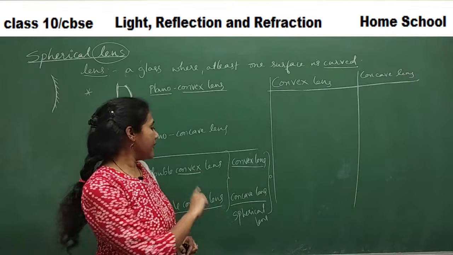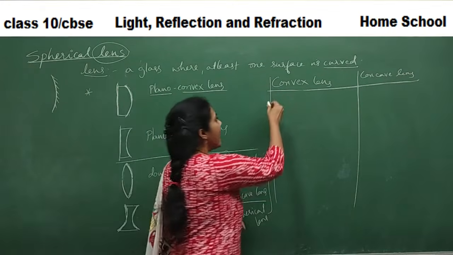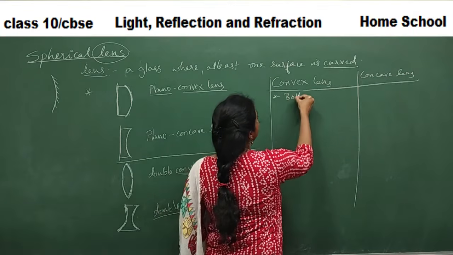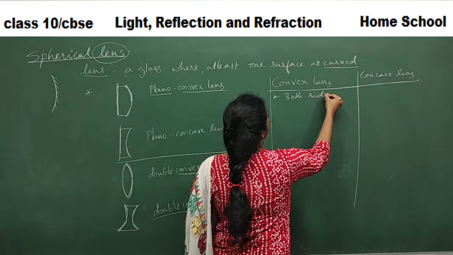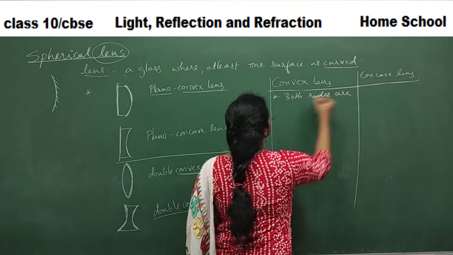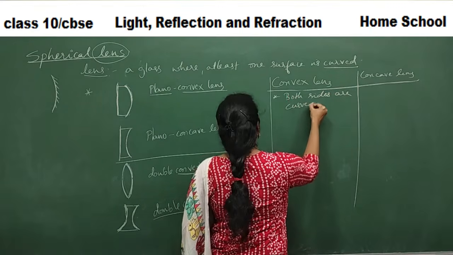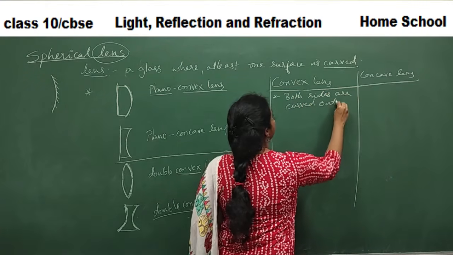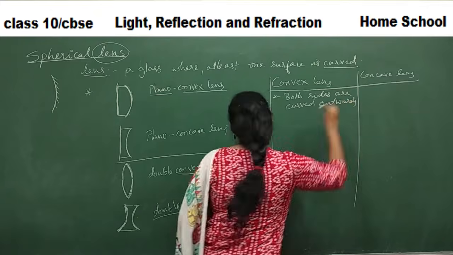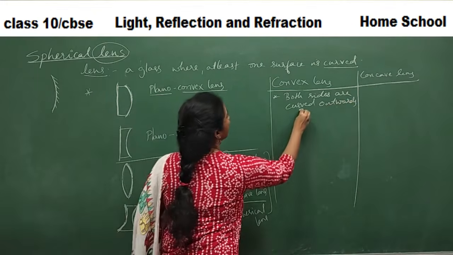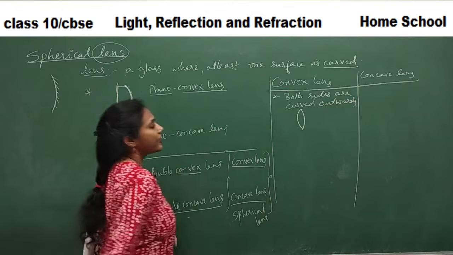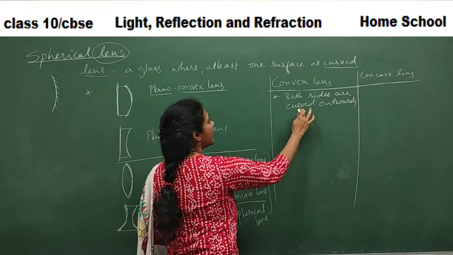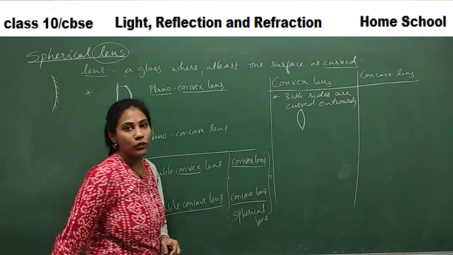So one basic difference is, you can say that, in case of convex lens, both sides are curved inwards or outwards? Yes, definitely outwards. Yes or no? Both sides are curved outwards. This is what we represent as convex lens. This side is curved outward and this side is also curved outwards.